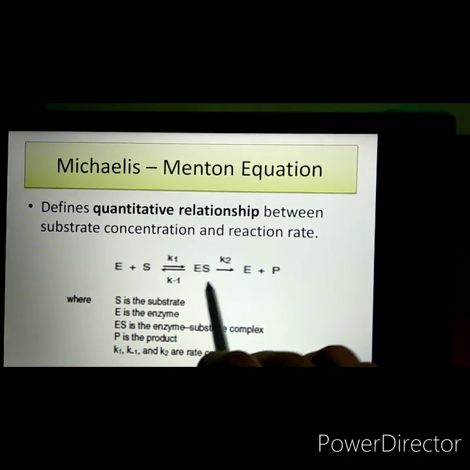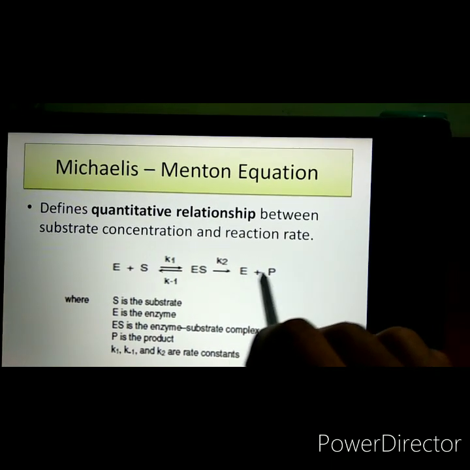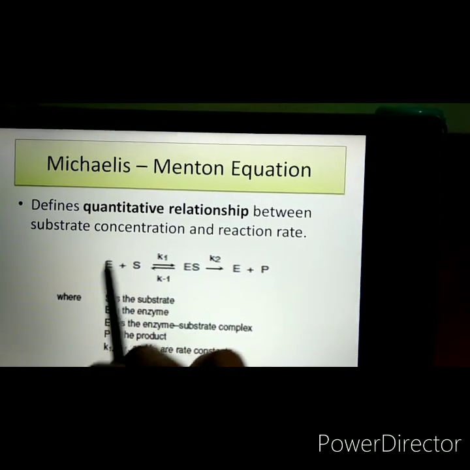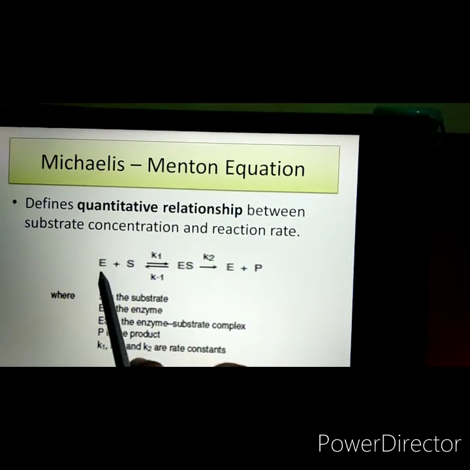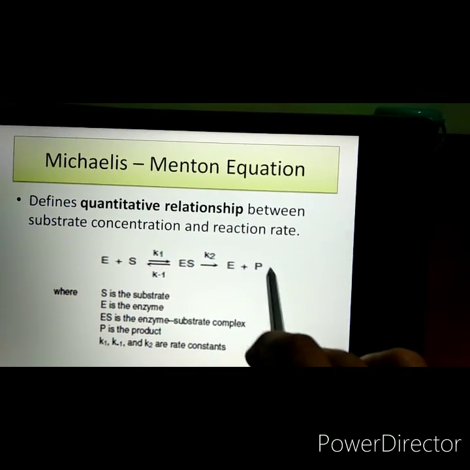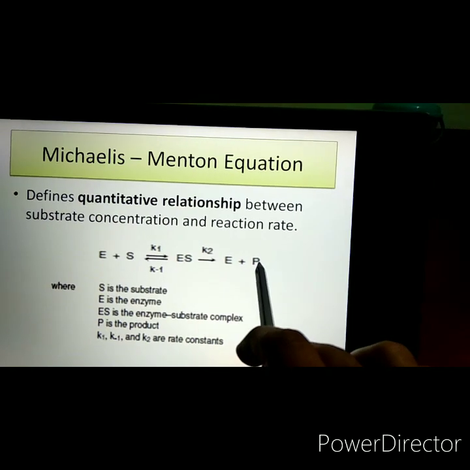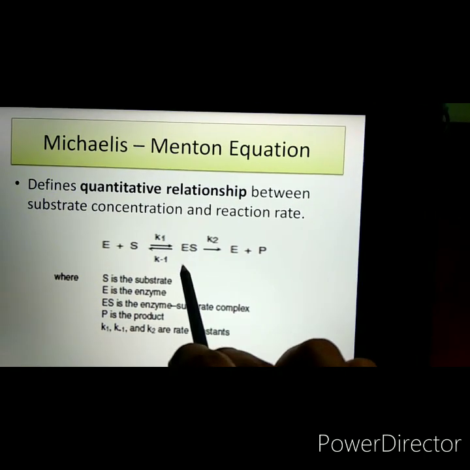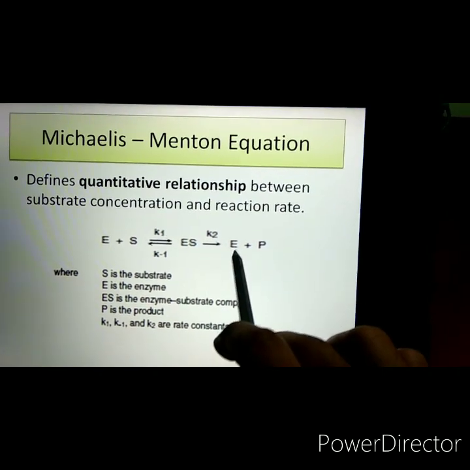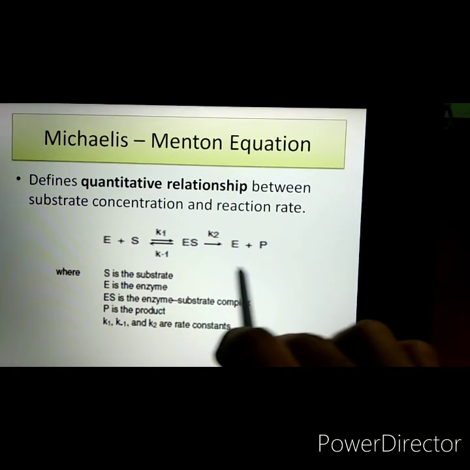Also, ES will lead to formation of enzyme and product. This is defined by K2. So the overall reaction is E plus S gives ES, which in turn leads to formation of E and P, that is enzyme and product. This second step, that is ES conversion to E plus P, is a slow reaction and the rate limiting step.